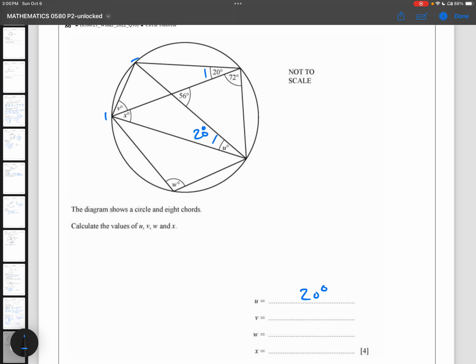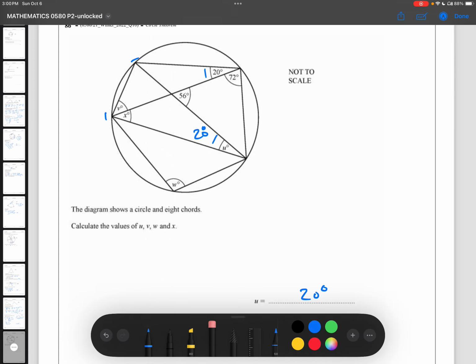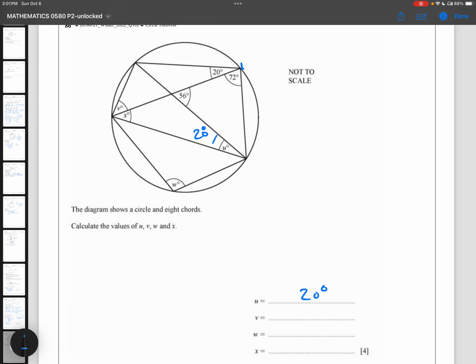The v is being subtended by the chords. This chord and this chord are subtending an angle v, and these same chords are subtending this particular angle, this one. This is also equal to v because this is the angle subtended by the same chords. So this will also be equal to v.